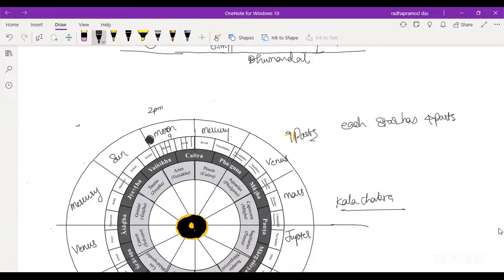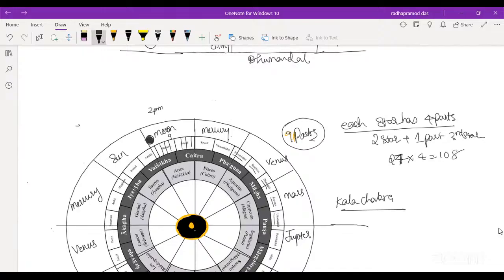Means each star is divided into 4 parts, and each zodiac has 9 parts. So that means in each zodiac there will be 2 stars plus 1 part of the third star. That's the question. Why 9 and 4 was the question? Is there any significance behind that 9 and 4? 27 into 4 is equal to 108.